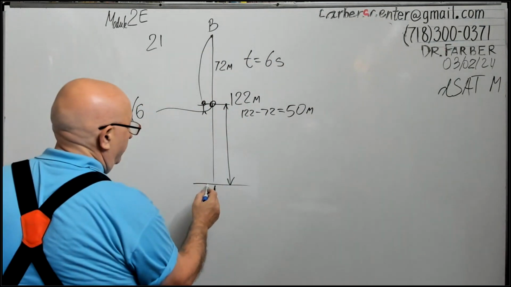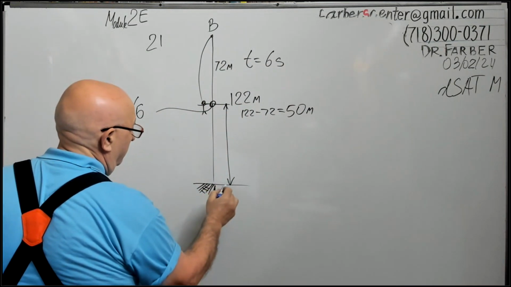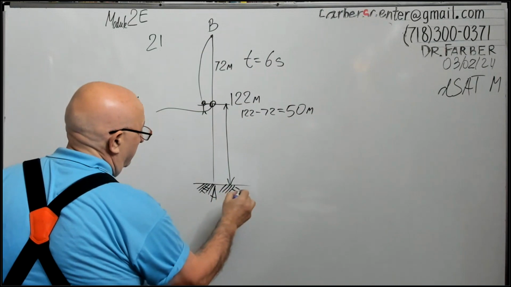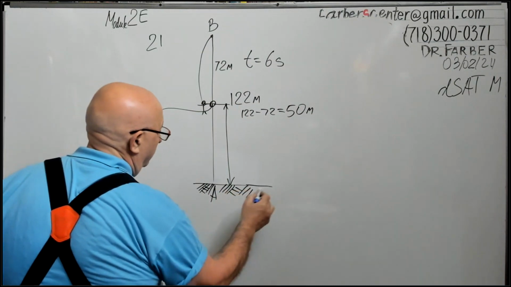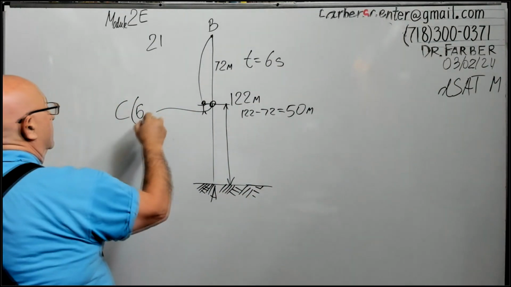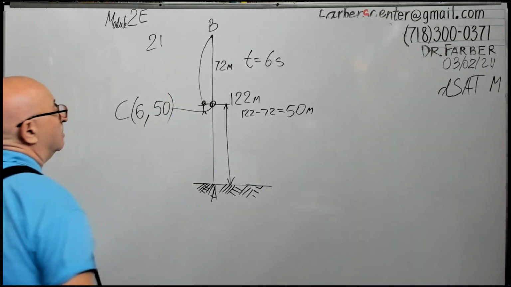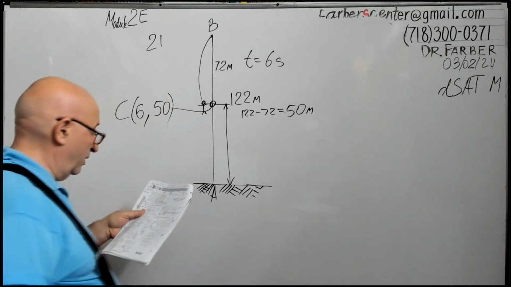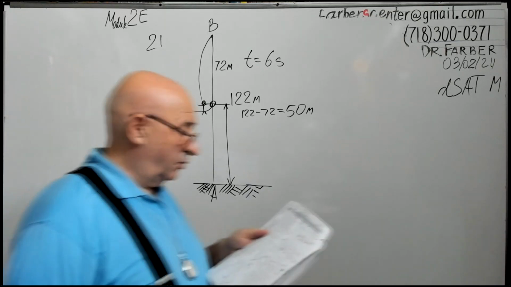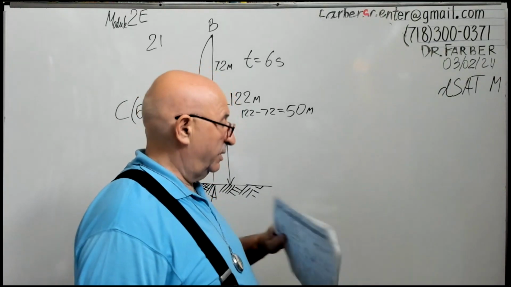It's from the ground, this ground. You know how we denote ground? It's like this, if you study engineering, this is ground. And this is 50, this point. By the way, what they did here, they used for A and C exactly the same numbers, I believe. But anyway.